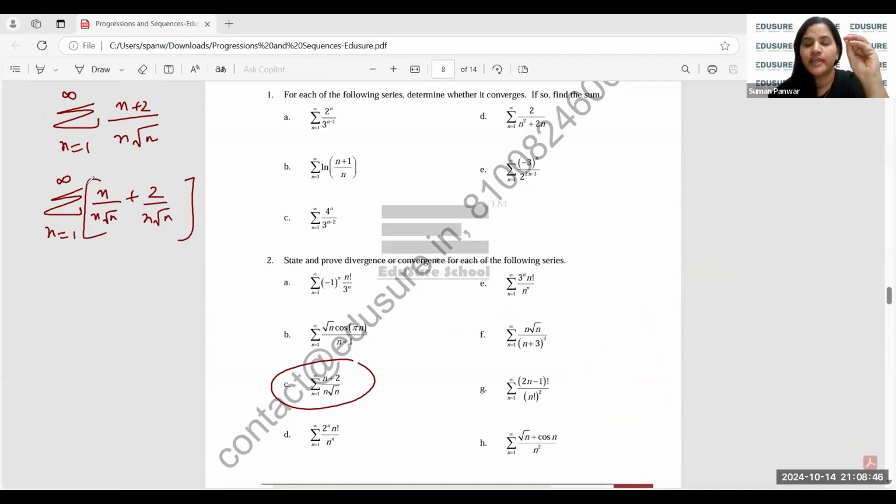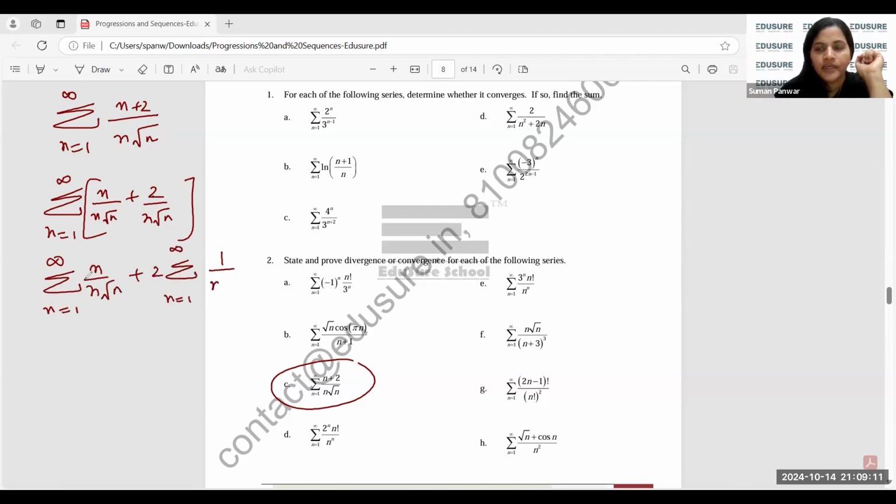If we're adding two series, if both are convergent, the sum is convergent. If both are divergent, the sum is divergent. But if one is convergent, one is divergent, the sum is divergent. Okay, so let us see. So now we can write it as the sum of n upon n root n plus the sum, n going from 1 to infinity. This 2 can be taken out.